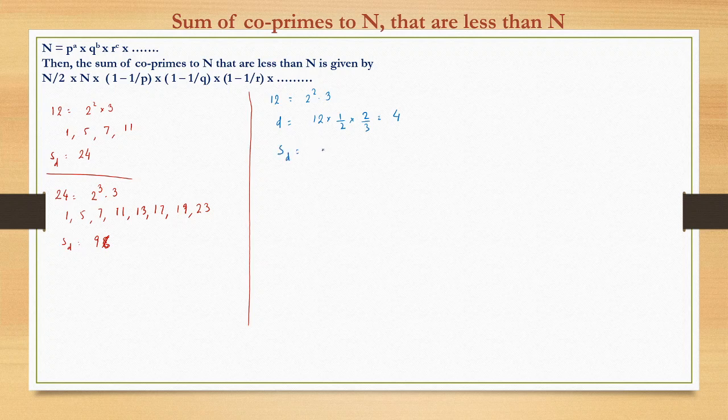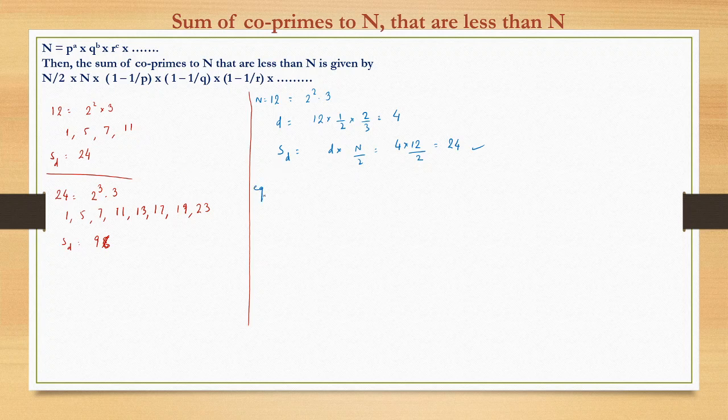That will be nothing but we multiply d, what we have obtained in first step, into the number by 2. So here it becomes 4 into 12 by 2, right? So it becomes 24. So it is very standard, and it gives the answer in one stroke rather than computing and adding the individual such numbers.